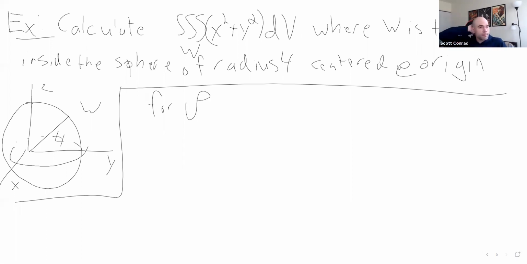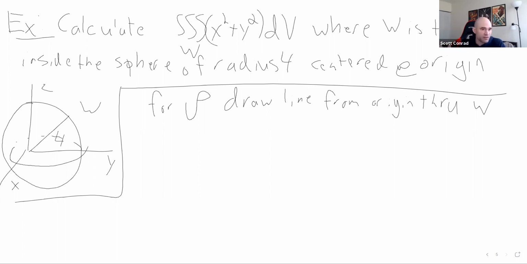So for rho, we're going to do something similar to what we do in polar. We're going to draw a line from the origin through your region, and the closest boundary surface to the origin is going to be the lower bound.